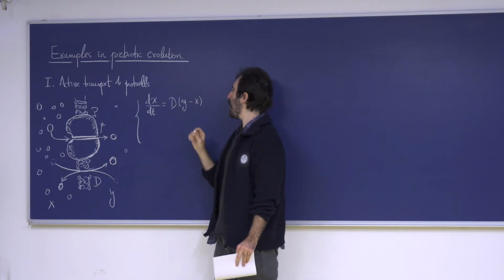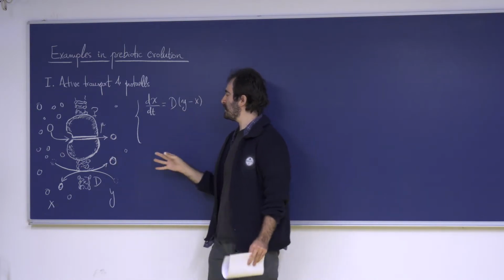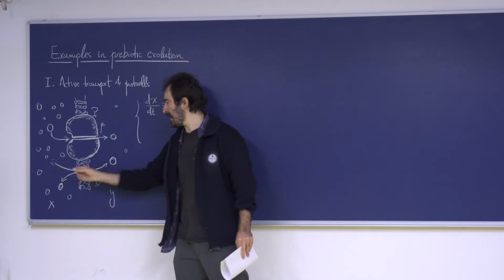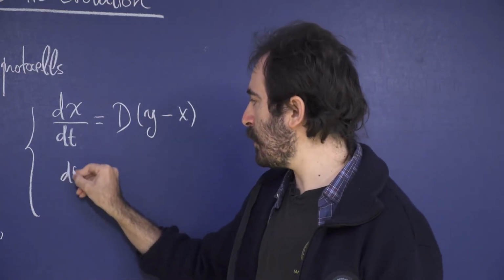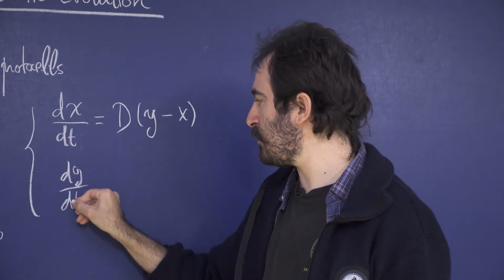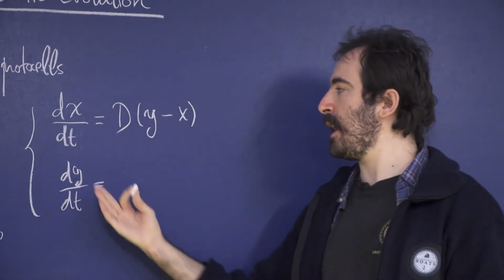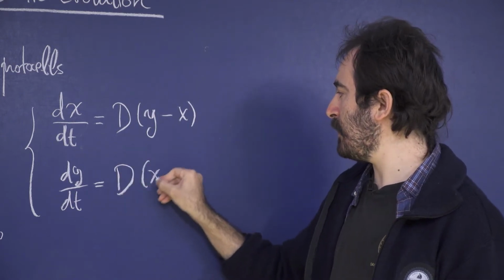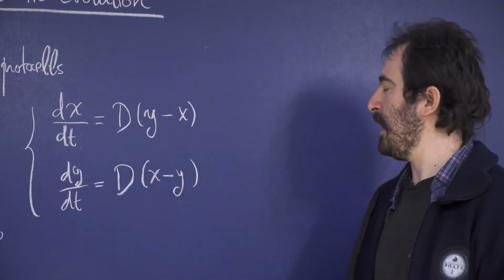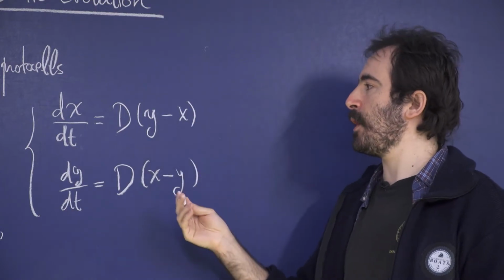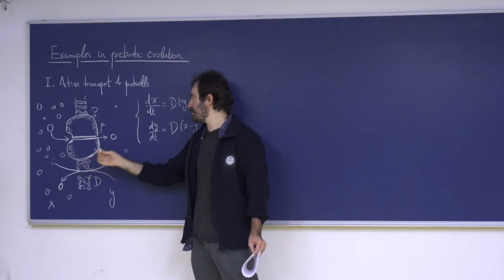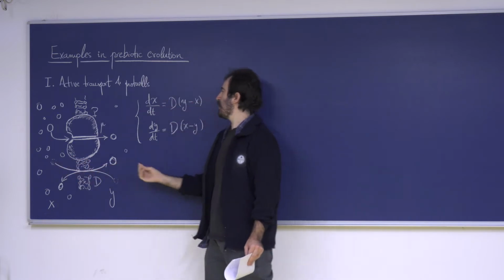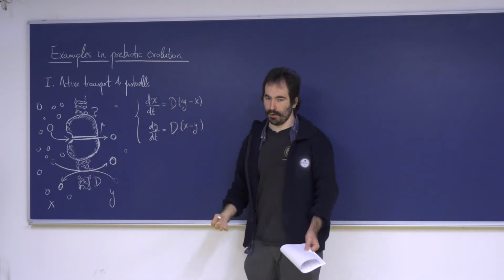So if y is larger than x, in this case, then there will be natural diffusive flow from y towards x, and accordingly, when I'm looking at the concentration on the right-hand side, namely the y variable, I'm going to have the same but inverted, right? And naturally, if it's the other way around, if it's x that has a larger concentration, this means that there's going to be flow from the left-hand side to the right-hand side, and so on and so forth.